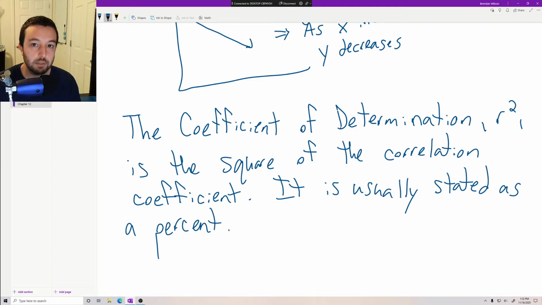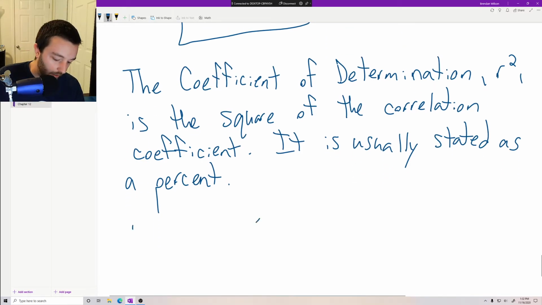And when you multiply numbers between 0 and 1 by themselves, they stay between 0 and 1. Think of 1/2 times 1/2, you get 1/4. So it makes sense that you can represent it as a percent, between 0 and 100%.